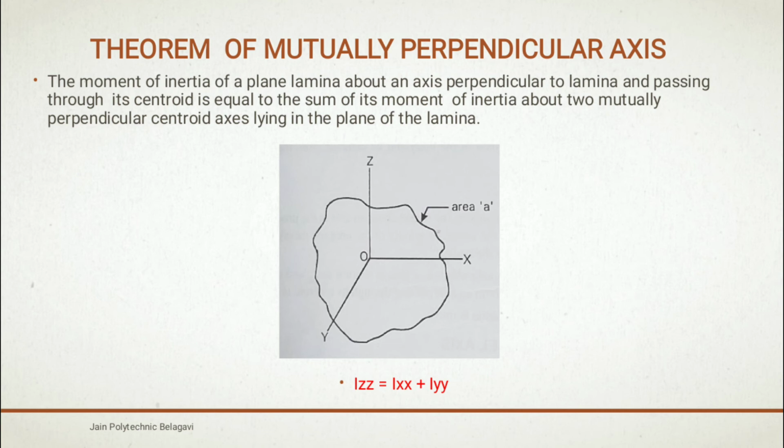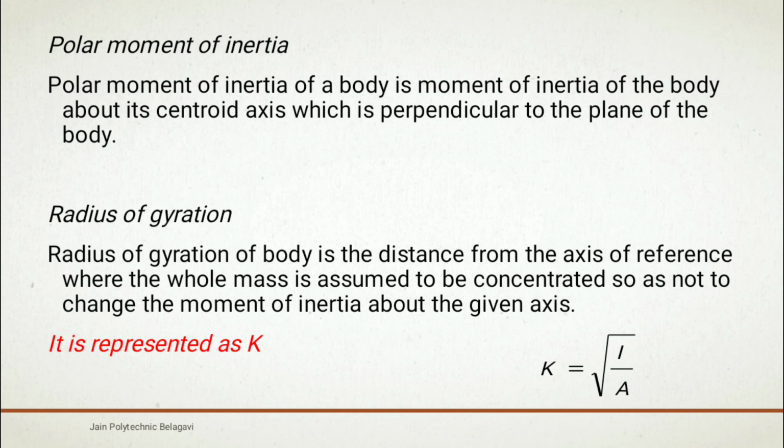Now we will try to understand polar moment of inertia. What does it say? The polar moment of inertia of a plane area, just imagine a plane area, with respect to an axis perpendicular to the plane, is called the polar moment of inertia. First we know moment of inertia, right? Now what is polar moment of inertia?